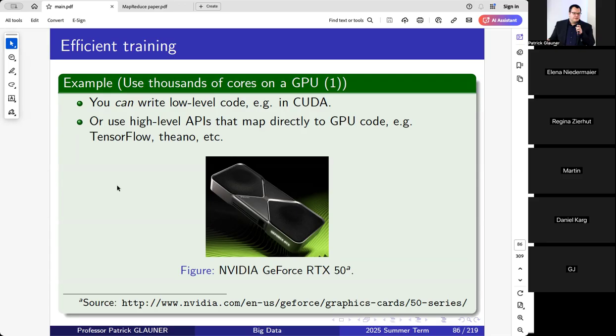1990s. The way AI models were trained was still purely on CPUs, but then about 15 years ago, some people rethought how to train neural networks.